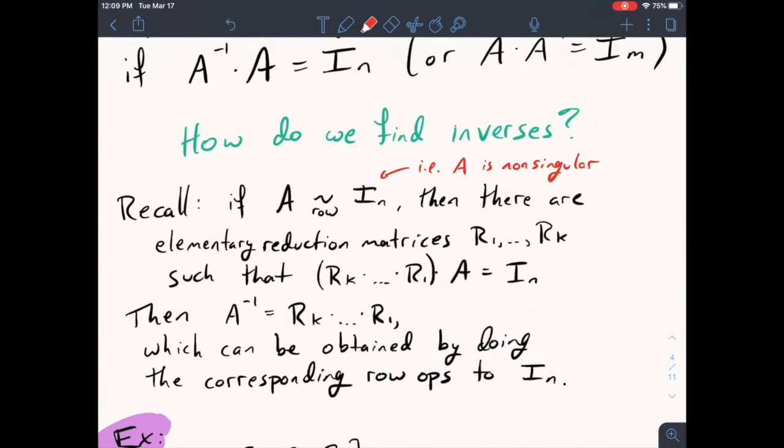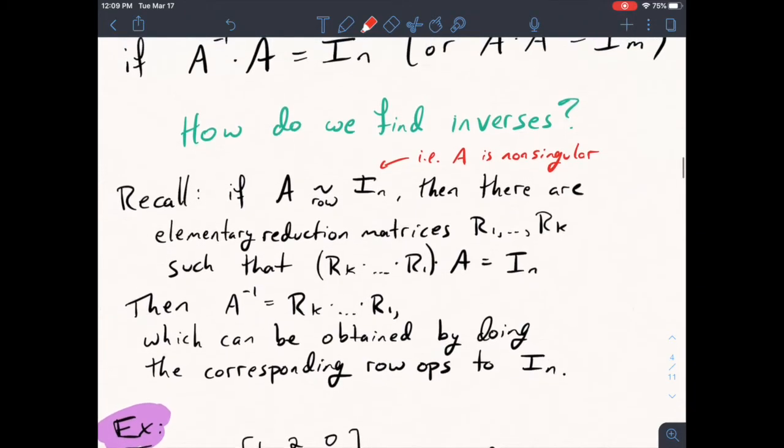So anyway, if I put parentheses around R1 through Rk, this product is being multiplied on the left times A to give me the identity matrix, and therefore we can think of this product of matrices as being A inverse. So A inverse is equal to the product of these row operation matrices, these elementary reduction matrices.